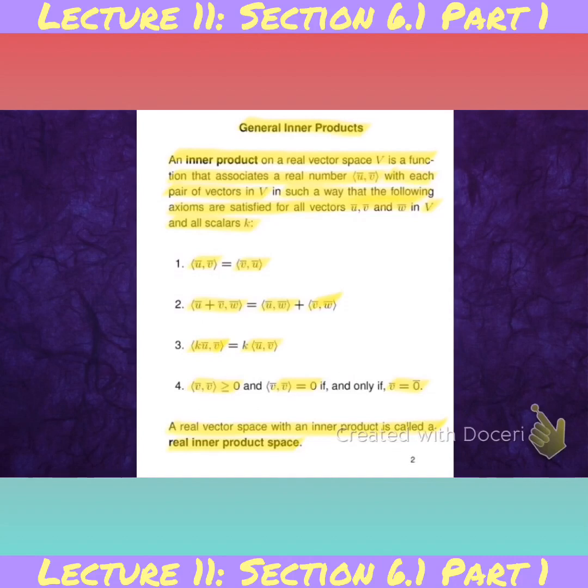Now if you take a vector space and you add an additional operation, and you make this operation an inner product, then you call the resulting space a real inner product space. And that is if it's a real vector space.